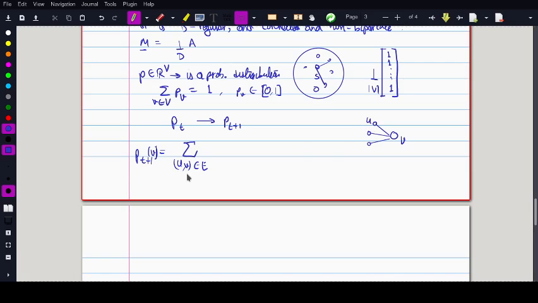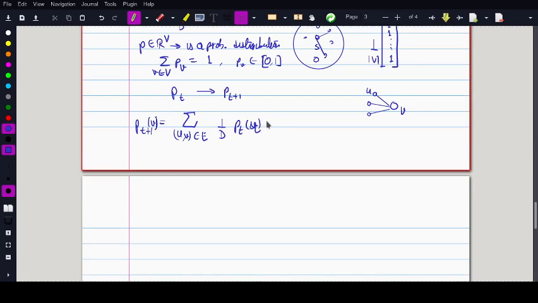So you sum over all such edges, adding the probability that you were at u at the tth step and that you actually choose this path, the transition probability. This transition probability is 1 by d, because if you were at this u over here, and it had d edges, you would choose this edge with 1 by d probability.